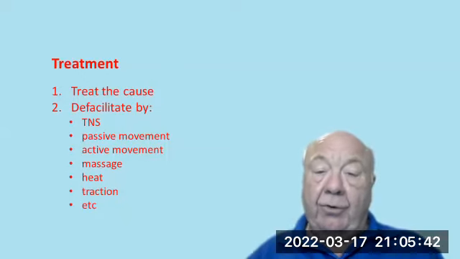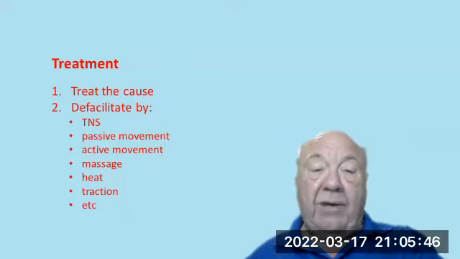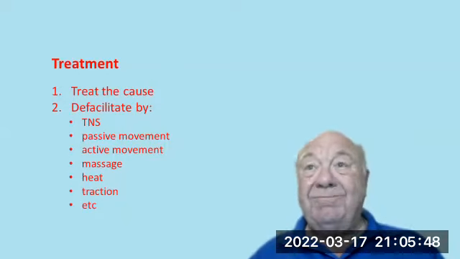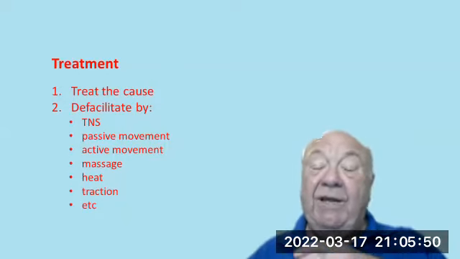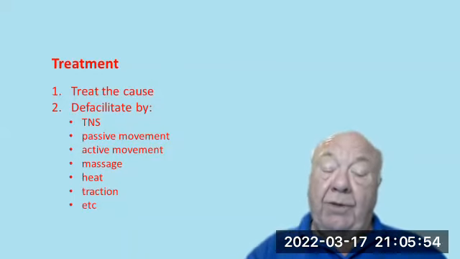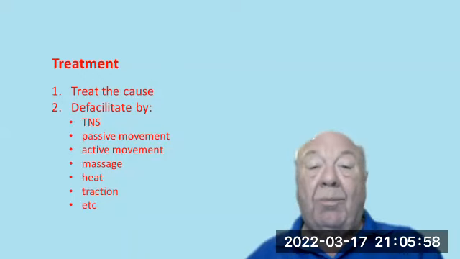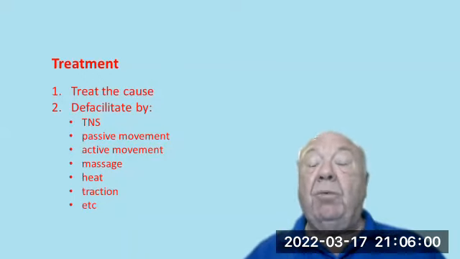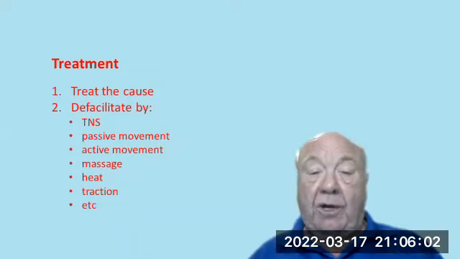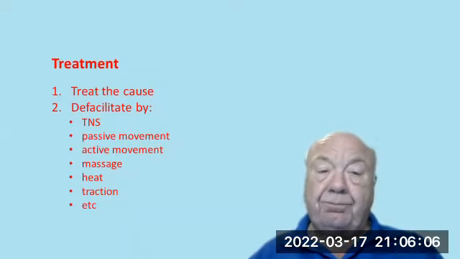You need to do the neurophysiological exam before you do the passive mobility exams, simply because you tend to defacilitate and uninhibit those two, reflex inhibition and segmental facilitation, when you wobble the joint around. So we'll cover that in due course after I've covered the basics of reflex inhibition and axoplasmic flow.